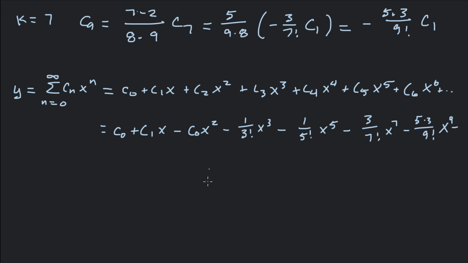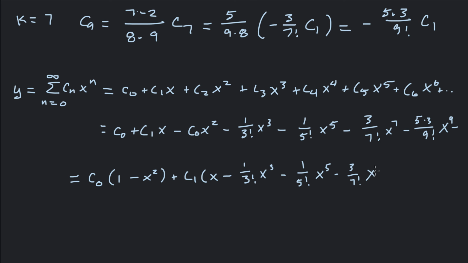Now, we can actually factor out some coefficients here. These two terms have a C0 and then the rest have a C1, so this actually does produce a nice two-solution system: 1 minus x squared times C0, and then we get a C1 times x minus 1 over 3 factorial x cubed minus 1 over 5 factorial x to the 5th minus 3 over 7 factorial x to the 7th.